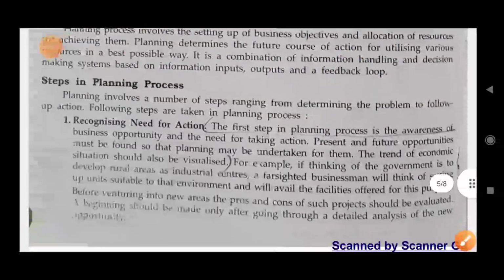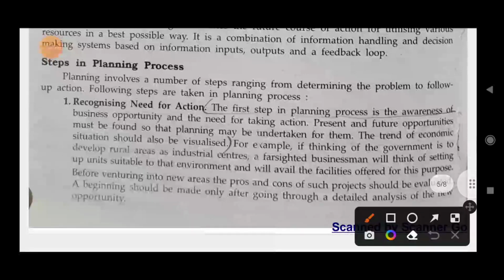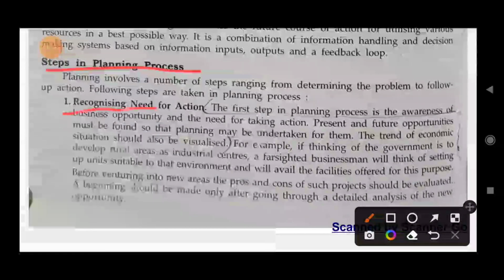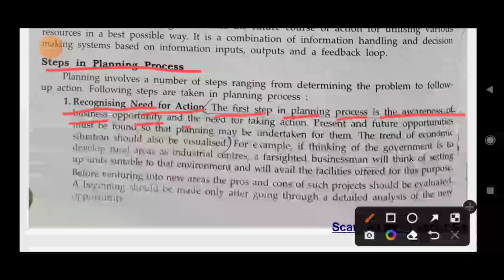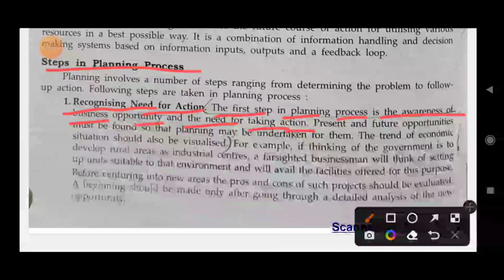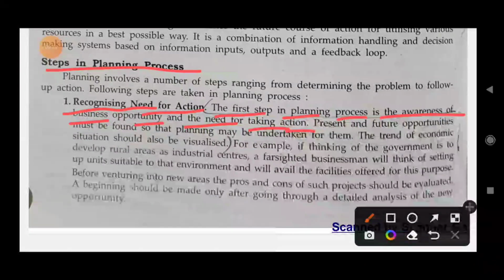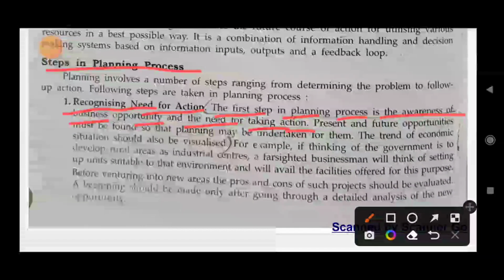So planning is goal oriented. So steps involved in the planning process. First, recognizing the need for action. What needs to be done? The first step in the planning process is awareness of business opportunities and the need for taking action. What is the present situation of the business and what are the opportunities available in the market?